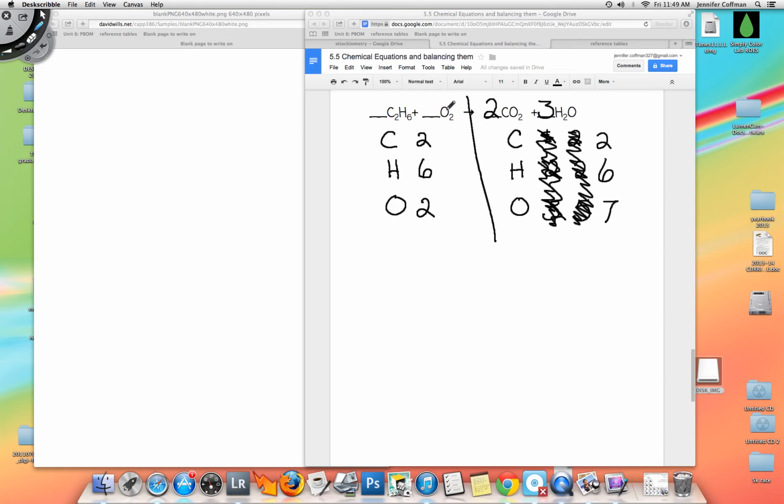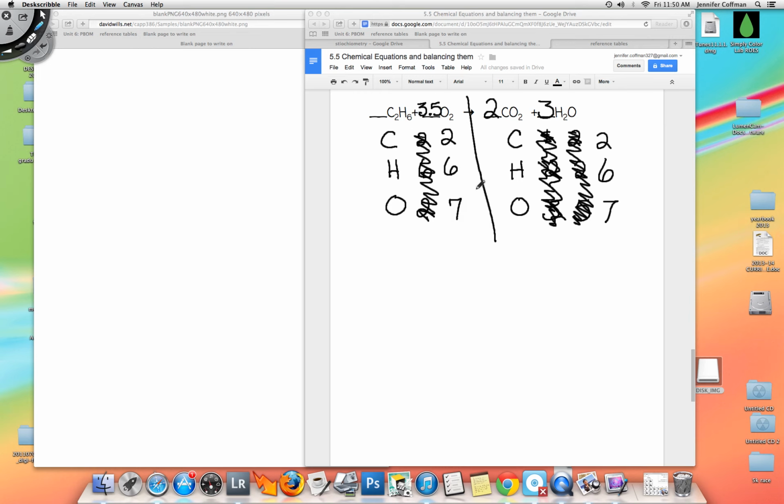If I take this oxygen and I want to get it to be 7, like it is on this side, I have to multiply this by a fraction. And that fraction is 3.5. 3.5 times 2 gives me 7. Recount everything. Okay? 2 carbons, 6 hydrogens, and 7 oxygens.